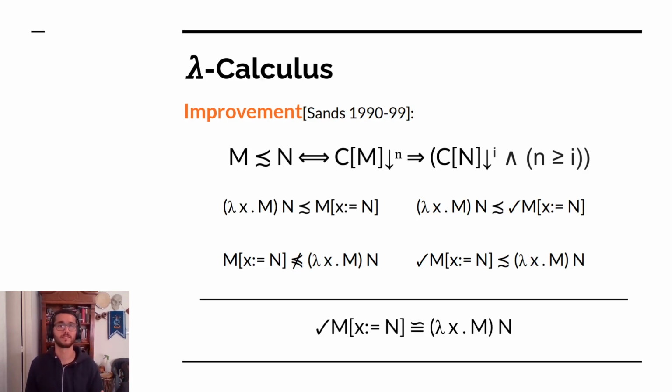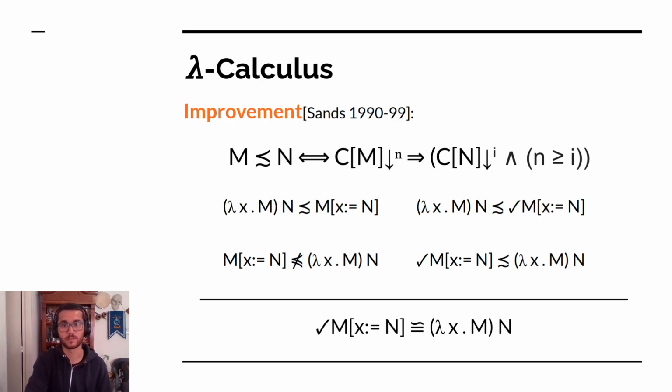So Sands defined a similar notion of observable approximation, where he added an additional observation: the cost required to compute a term. He redefined the evaluation relation to keep a record of how many steps were performed in the evaluation of a term, and defined the notion of improvement, where a term M is improved by another term N if and only if, in any context, the cost required to evaluate N is not worse than the cost required to evaluate M. Note that we have two observations here.